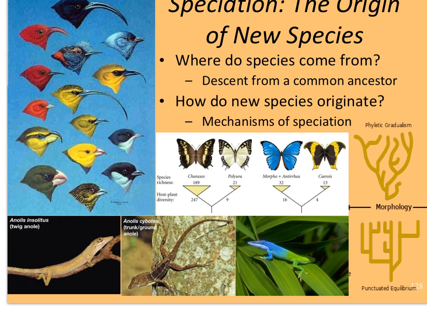Okay? Now, this is just a bunch of different examples. These are the Hawaiian honeycreepers. One, probably a couple of individuals of one species, came from Asia 5 million years ago, landed on probably Kauai or something like that.